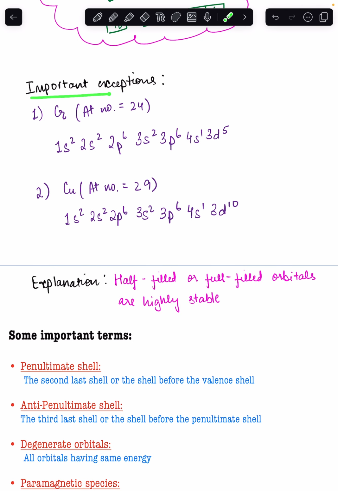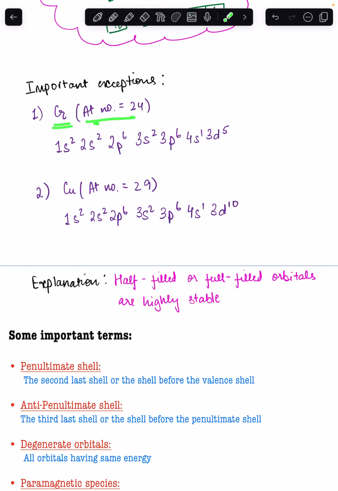Alright, so there are some important exceptions. I will motivate you to figure it out on your own, but I will still tell you that there are two exceptions. These two exceptions are really important and you always need to remember them. The first exception is chromium.